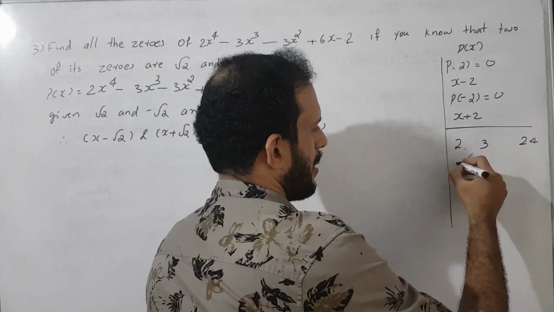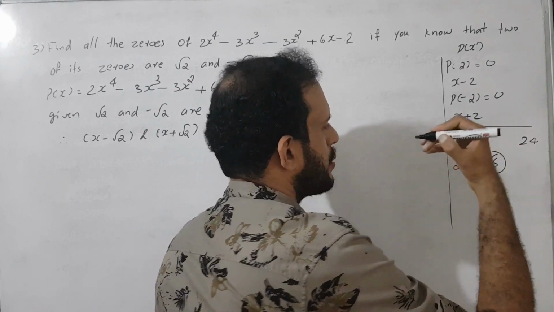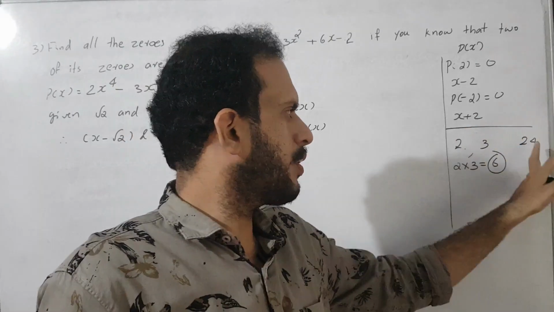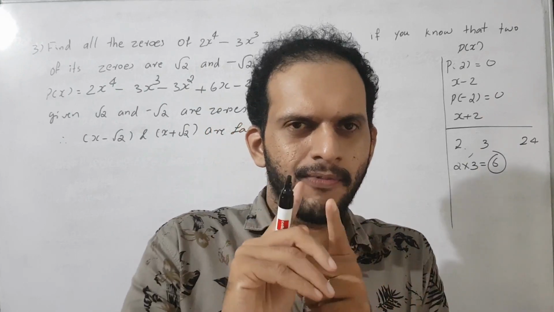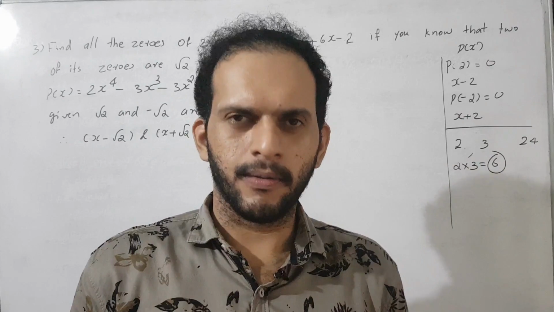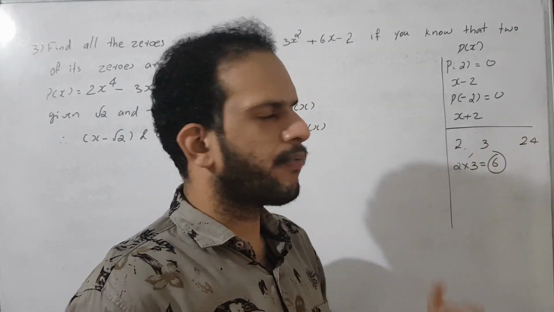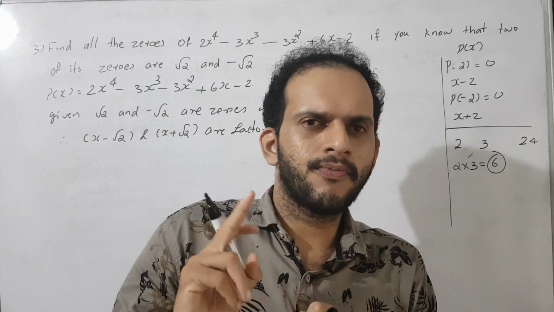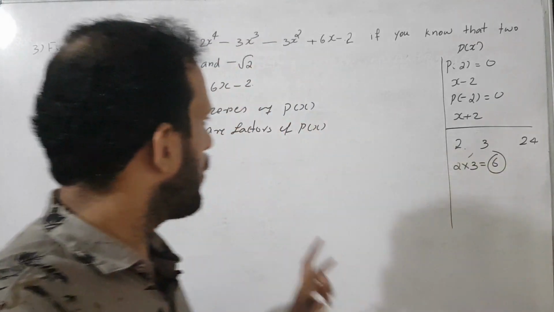Then 2 into 3 is equal to 6. 6 is also a factor of 24. If 2 is a factor of 24 and 3 is a factor of 24, then the product of those two factors is also a factor of 24. The product of factors is a factor of the same number.